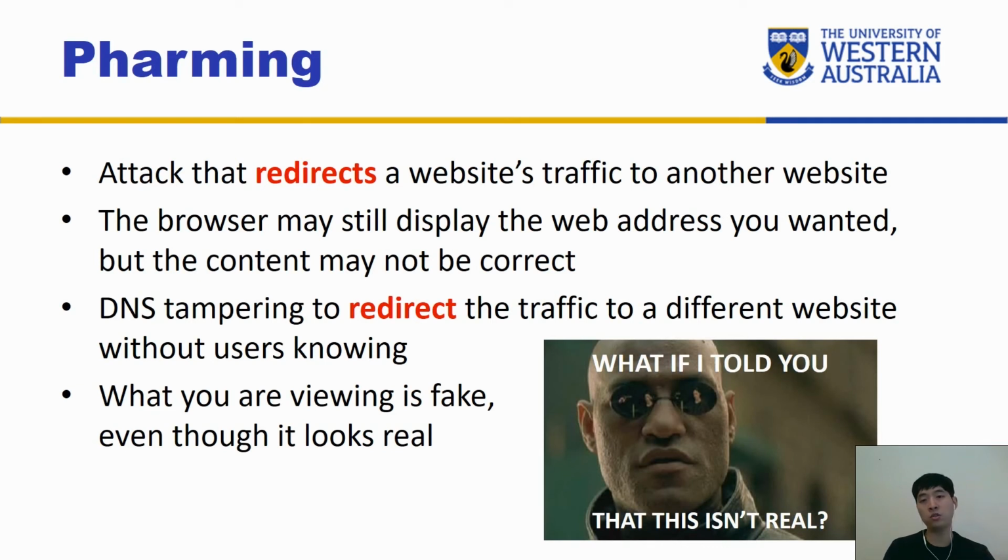So from what you see, it looks true, but technically, what you see is not what you get. Does that make sense? Anyway, I have an example after, so this should become clearer. A good example is DNS tampering, which redirects the traffic to a different website without the users knowing. So what you are viewing is fake, even though it looks real.